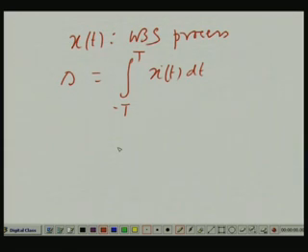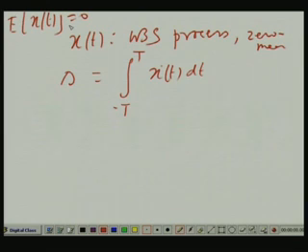And you can also assume that it is a zero mean process. Zero mean means E of x t, which is independent of t, is some constant, and that constant is 0.